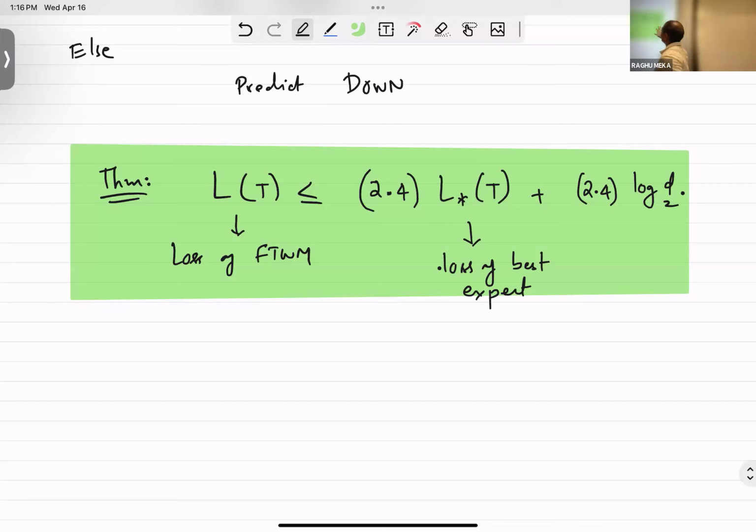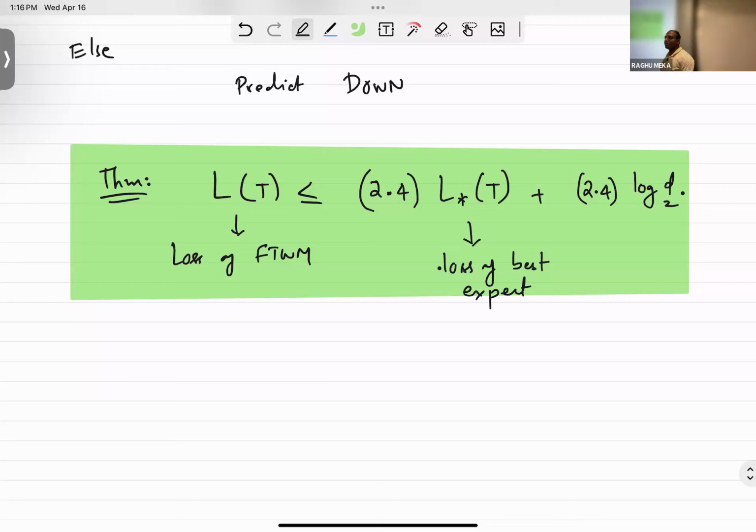So it's very close to the guarantee that follow the majority had for the toy case of an infallible expert. If there is an infallible expert, the loss of the best expert is 0. So I'm saying this is going to give me something like 2.4 times log D base 2. But more generally, no matter who the best expert is, I'm potentially slightly off, but not by more than this 2.4 factor.